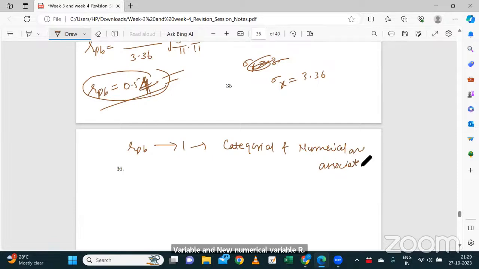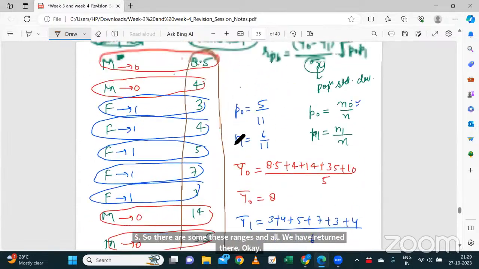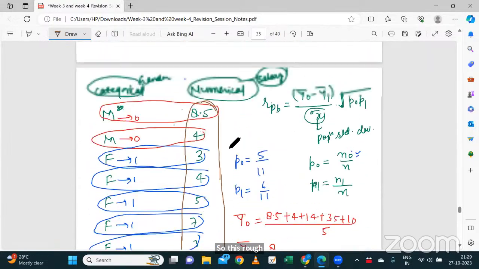If the absolute point biserial coefficient is close to 0, then you will say the categorical variable and numerical variable are not associated. I suggest going through the week 4 solution PDF, where we have written these ranges. So this rough idea is okay for everyone, the point biserial correlation coefficient and all.